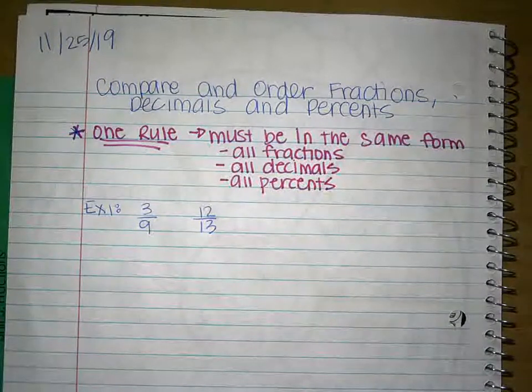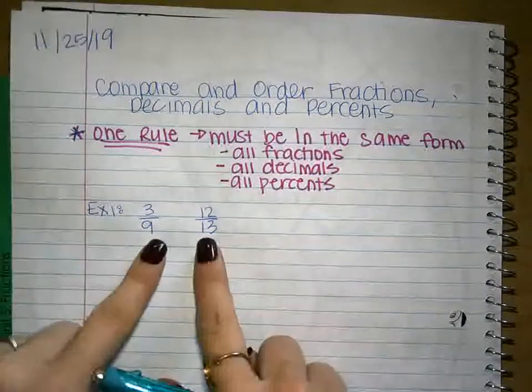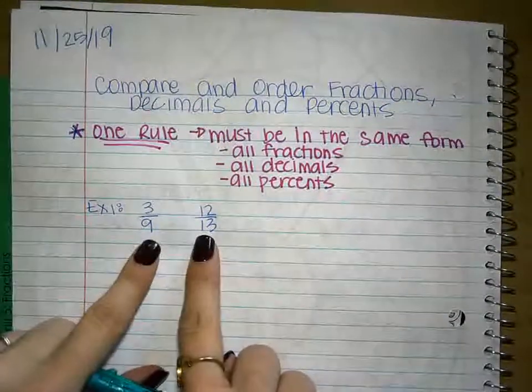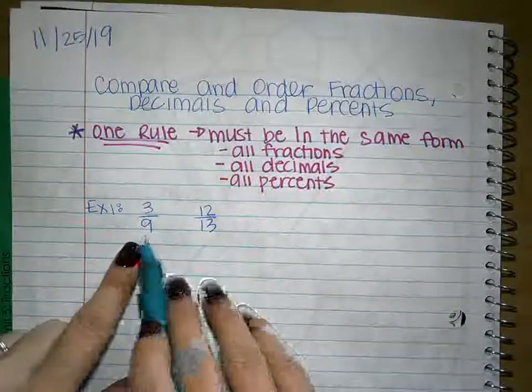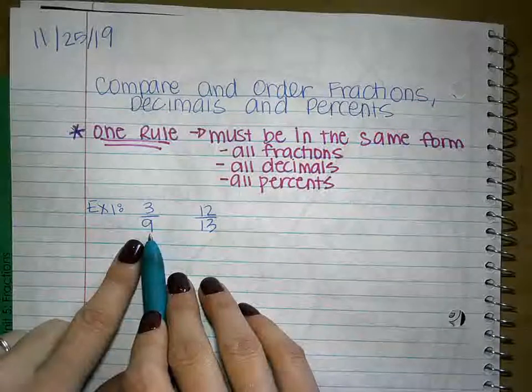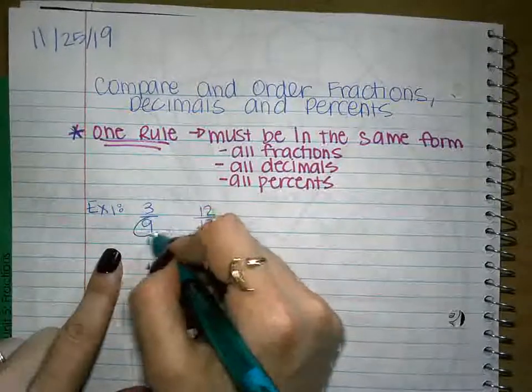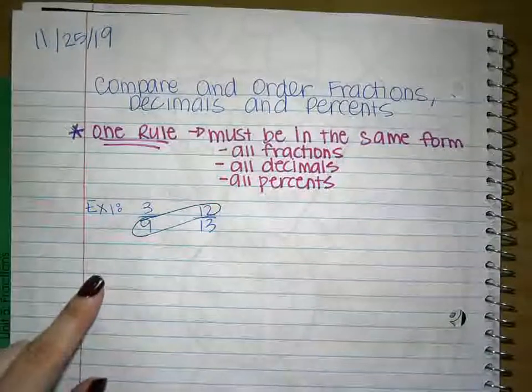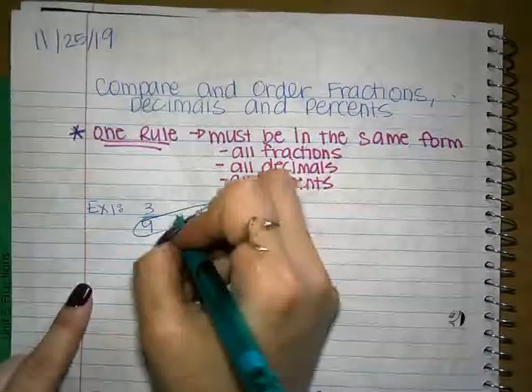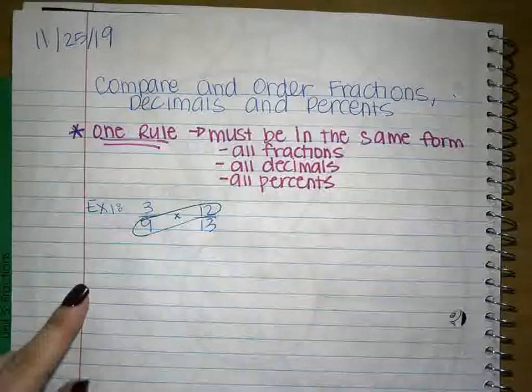Some of you might have seen this, and some of you may be like, oh yeah, I remember that. So when you have two fractions, if you need to know which one's bigger, all you have to do is cross multiply, which means you take the number in the denominator, which is a 9, and go to the number across from it, which is a 12, and multiply those numbers together.